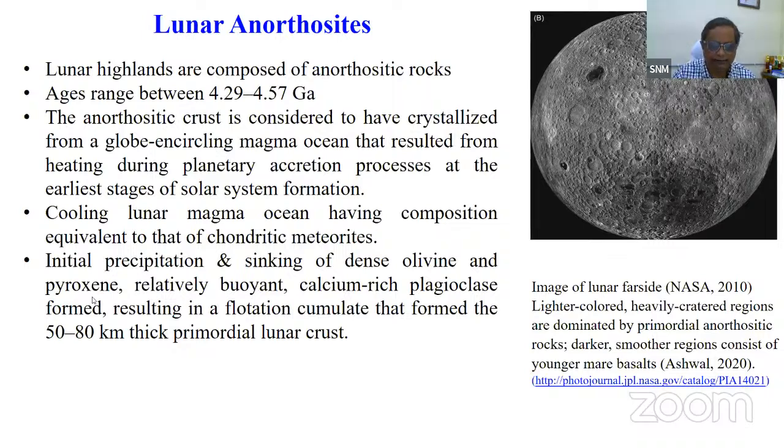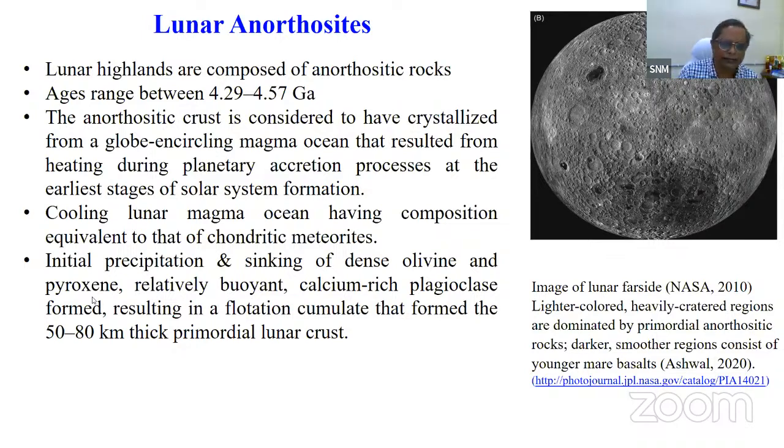Whereas the upper part became rich in plagioclases. So the top 50 to 80 kilometers of the primordial lunar crust is considered to comprise anorthosite. This is simply segregation with the cooling of the magma.